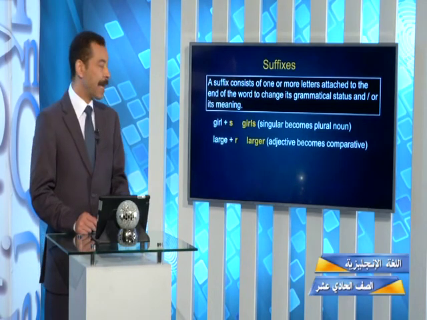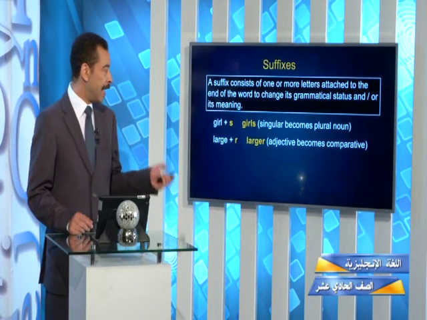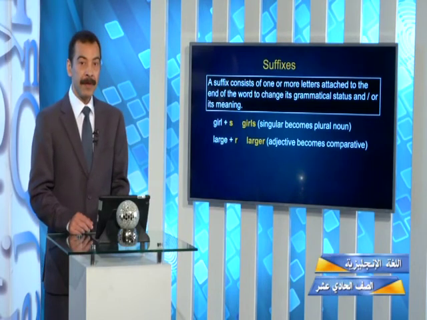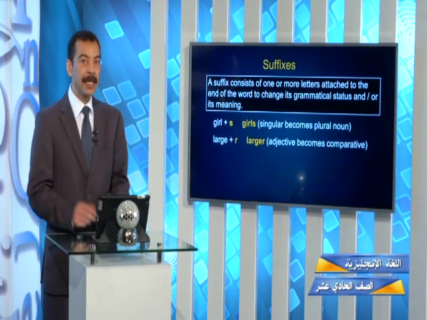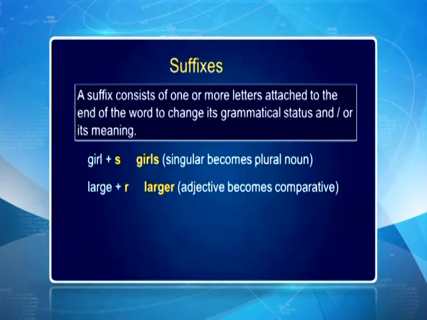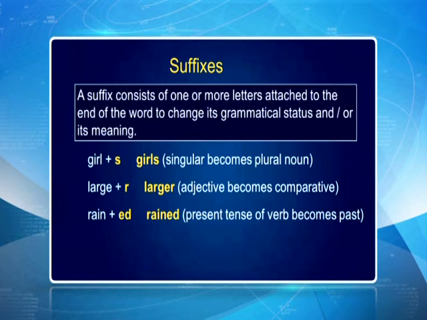Large plus r becomes larger, and here the adjective becomes comparative. If you say large, it's an adjective, but if you say larger, it's a comparative form of the adjective. We have rain plus ed becomes rained. So here present tense of the verb becomes past tense, and it's the ed suffix which serves this function.